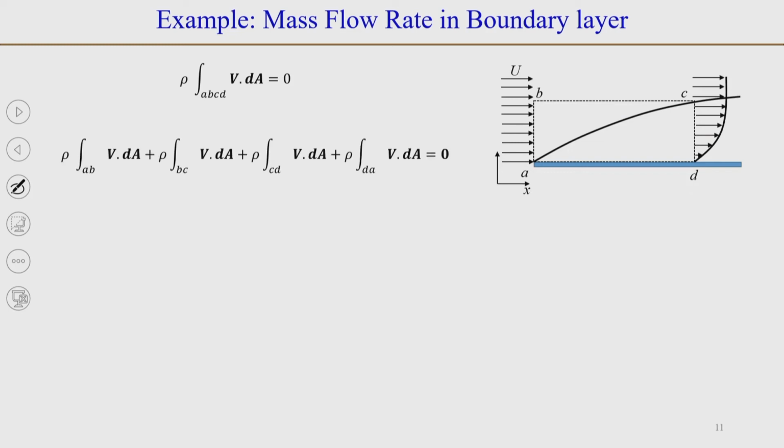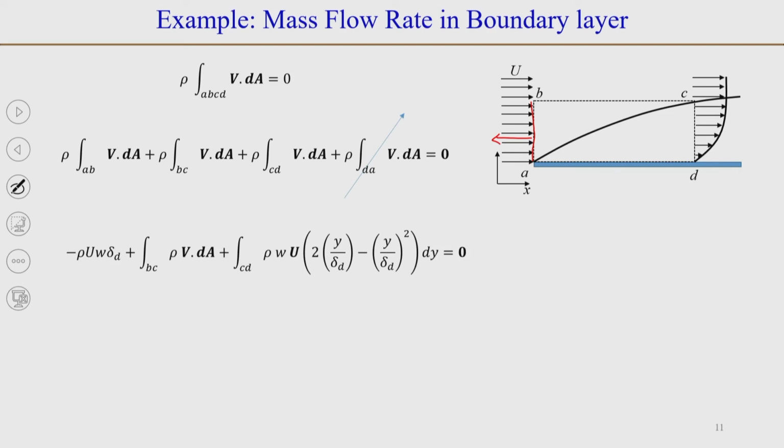So, let us look at AB first. At AB, the flow is coming in and the area vector will be pointing outward.